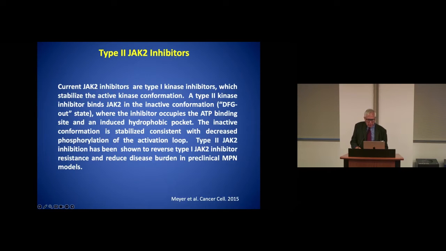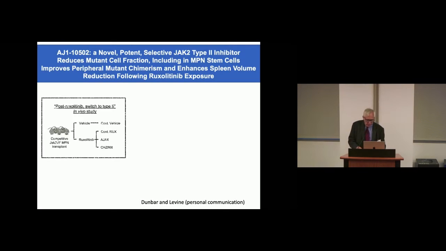So Ross Levine and Andy Dunbar, working in a company called Ajax, and Ross is across the street at Memorial Sloan Kettering, have developed a new type of JAK2 inhibitor called a type 2 JAK inhibitor. All you have to realize is that this essentially irreversibly binds to JAK2 in the JAK-STAT pathway and leads to more complete inhibition of JAK-STAT signaling.